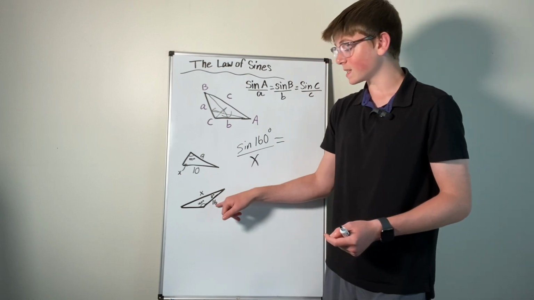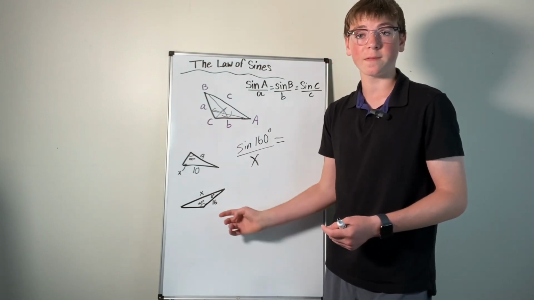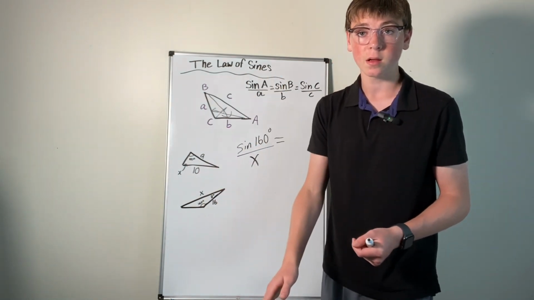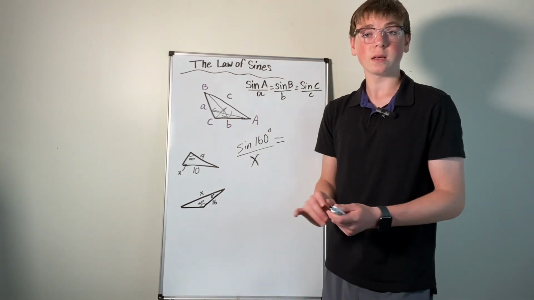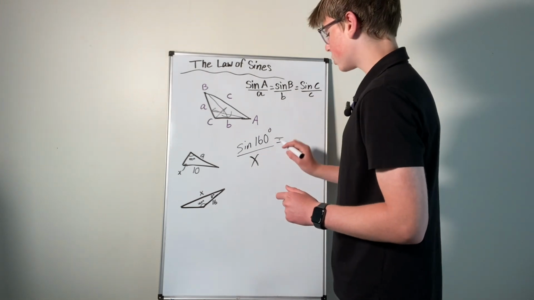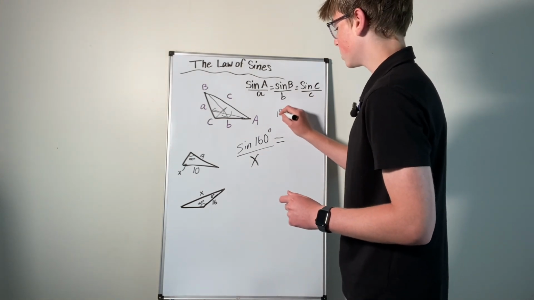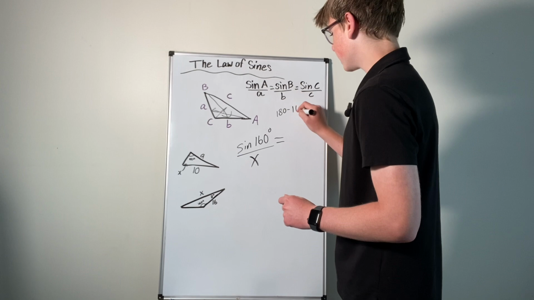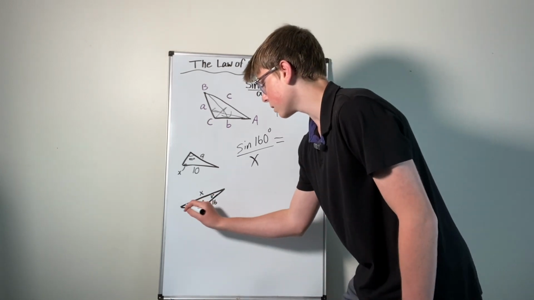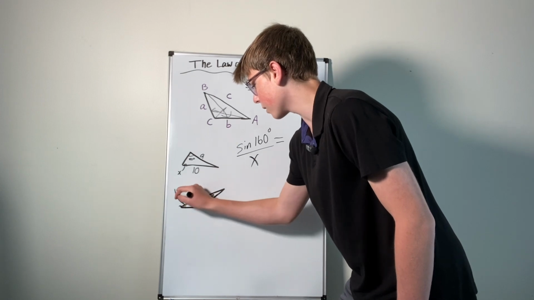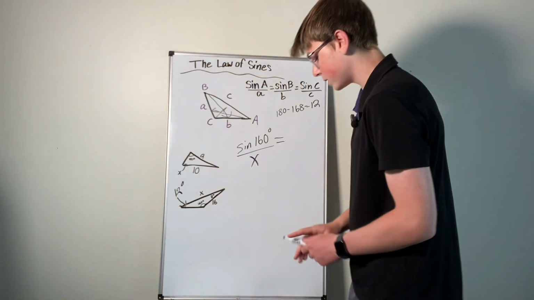Now, we have a 16 on the side, but we want to find the angle directly opposite of that. So we're going to do 160 plus 8 is 168, and then a triangle has 180 degrees in it. So we're doing 180 minus 168, which will give us 12. So this new angle here that we needed is 12 degrees.